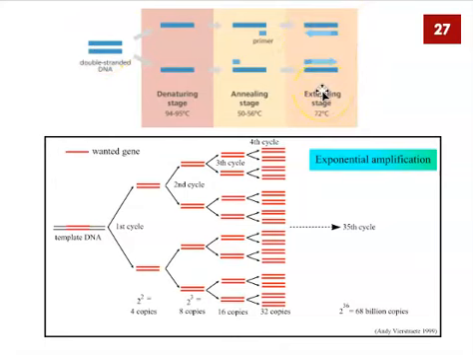Now, I told you that the beauty of PCR is that you can get millions of copies of this piece of DNA. And that's really where PCR is so amazing. That's what this second diagram is about.